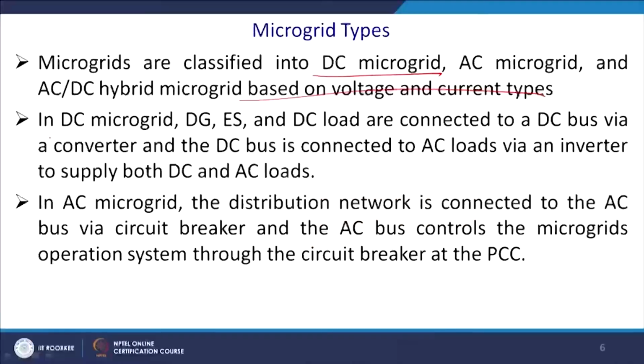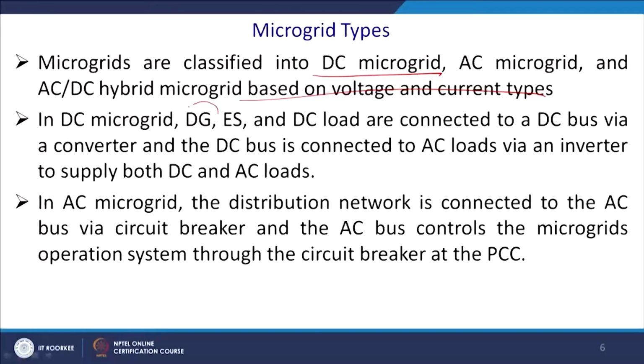For this reason, in the first few lectures you will find we discussed all these three types of microgrids, because a DC microgrid sometimes exists as a hybrid microgrid. So, while studying a DC microgrid, we need to understand its interaction with the other microgrids present in the system.